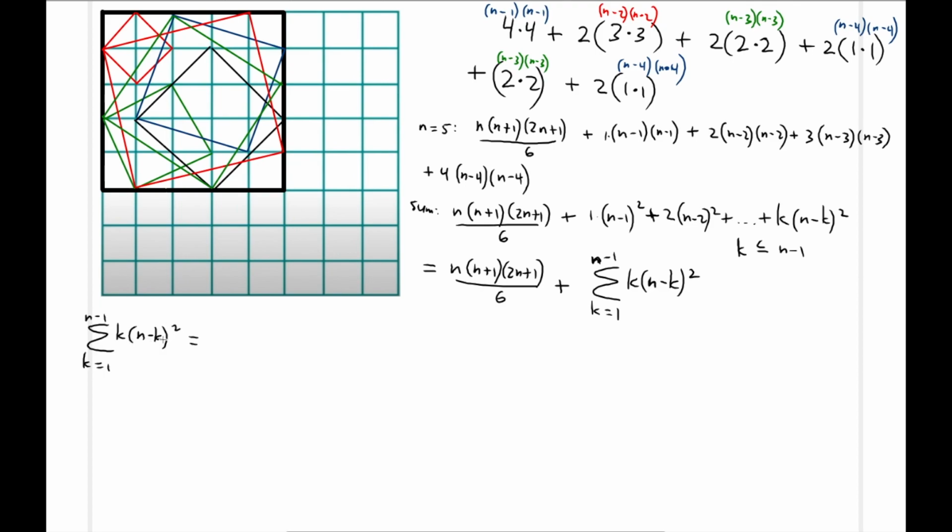n minus k squared can be expanded. I'm placing the n squared on the left side of the summation, right? I'm just using the summation rule for the sum of the first n minus 1 terms, from 1 to n minus 1. Okay, so that's going to be n minus 1 times n divided by 2. And n squared, again, I'm placing it to the left of the summation symbol, which is just going to be multiplied. So then I'm going to have minus, so I'm going to place now 2n outside of the summation. So the k will be multiplied to the k, so there's going to be a k squared now.